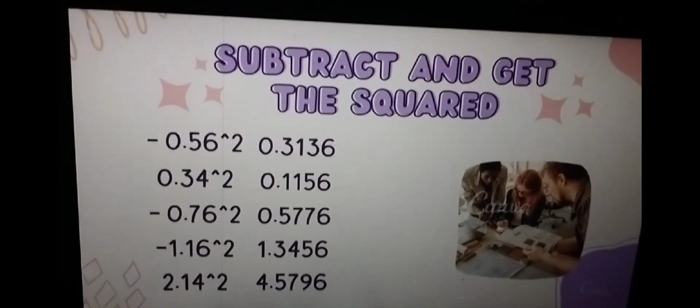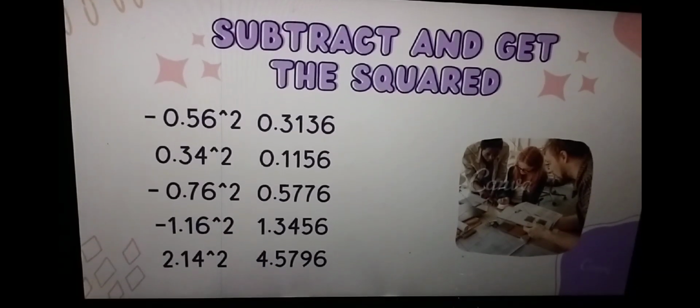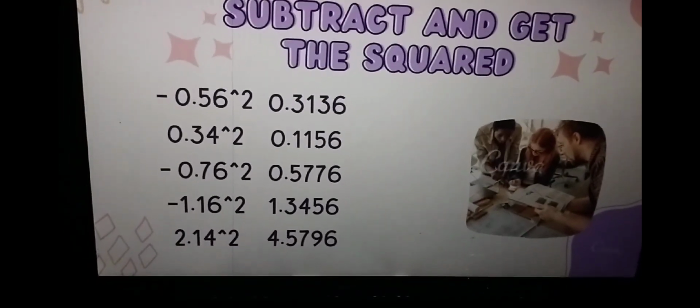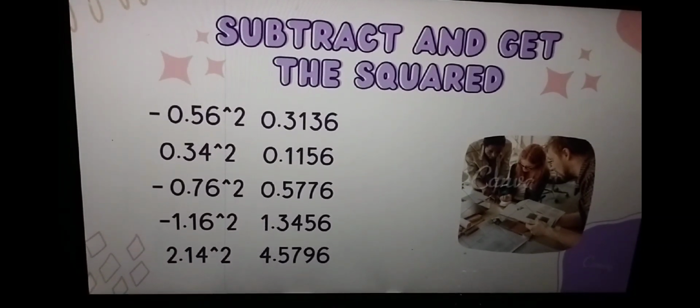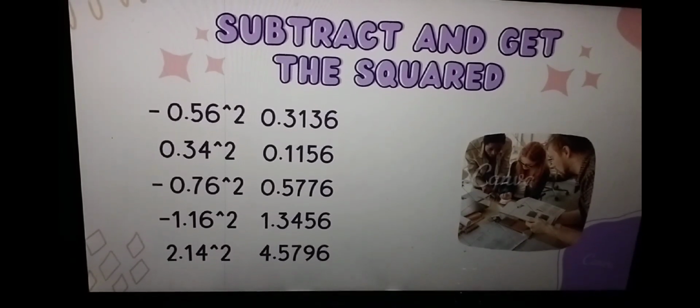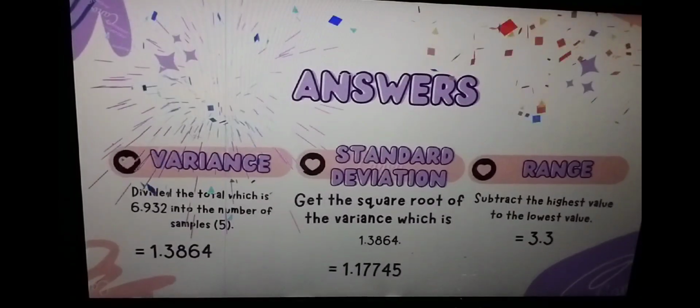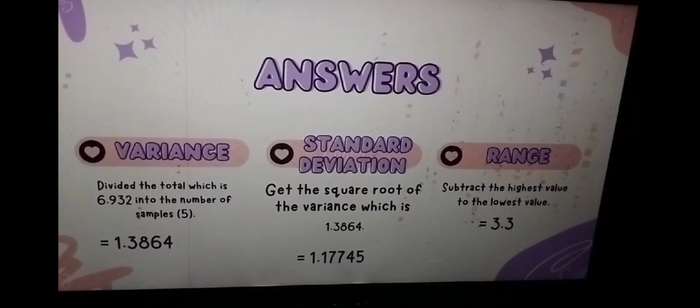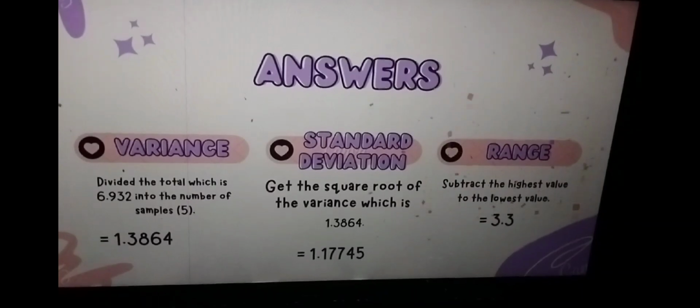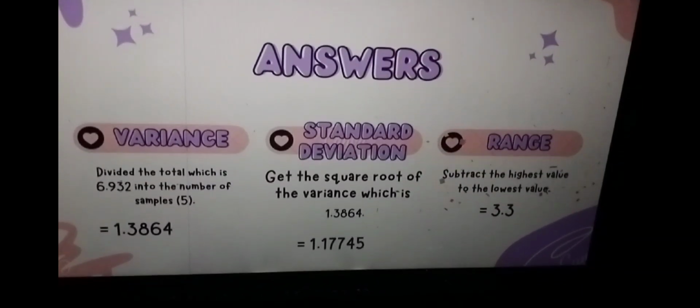So negative 0.56 squared is equal to 0.3136. 0.34 squared is equal to 0.1156, and so on. Lastly, we have our answers, and there are some short explanations down there so that you can fully understand.